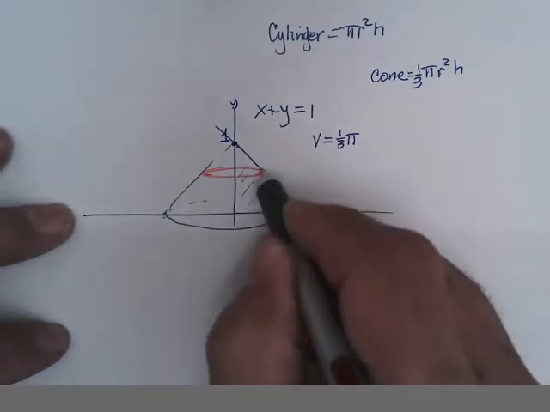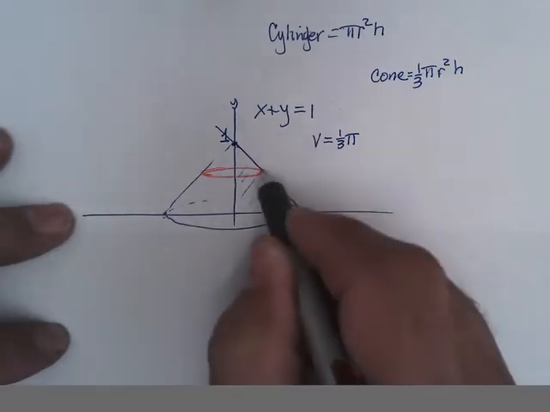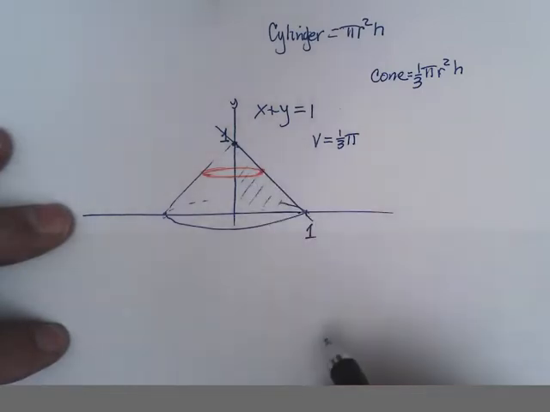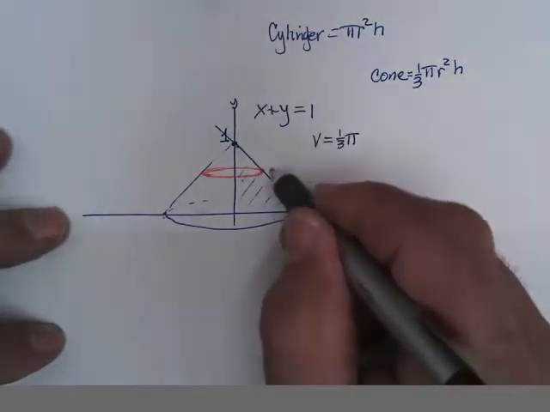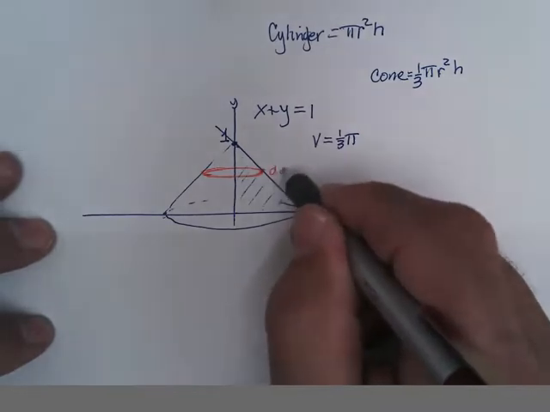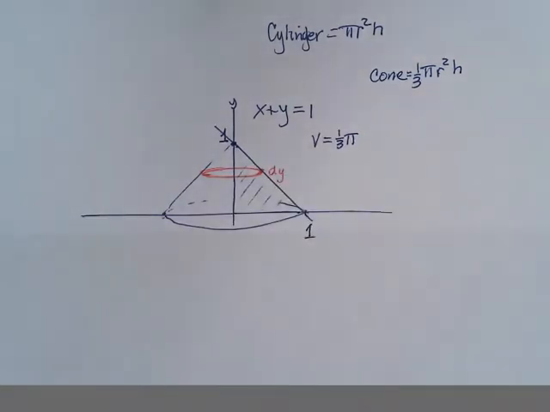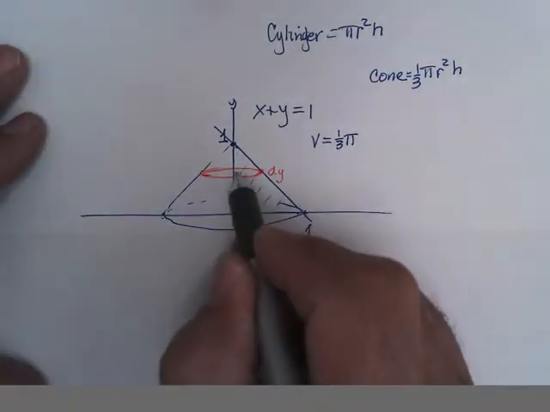Now the slice, although thin, will still have some height. And the height, since it's in the y and it's a really thin, I'm going to call it dy as the height. A small change in y, dy. And it'll have a radius.